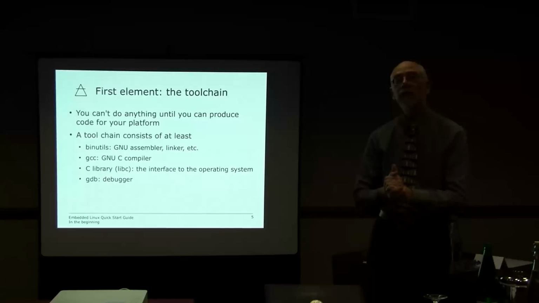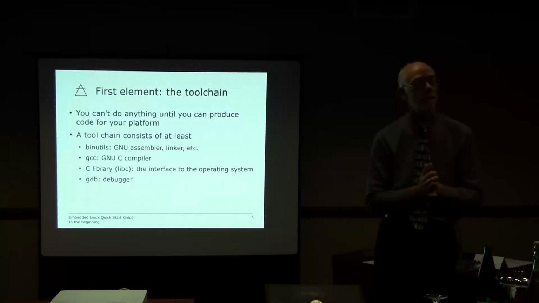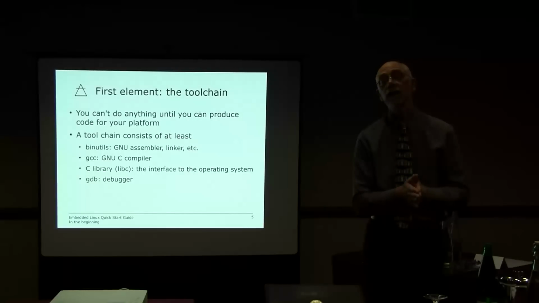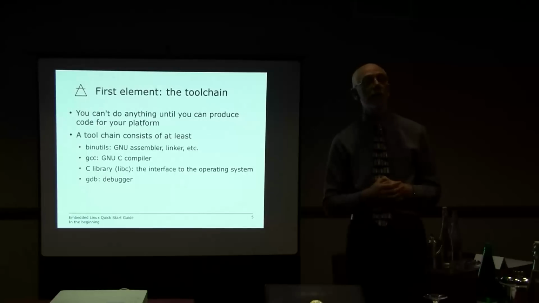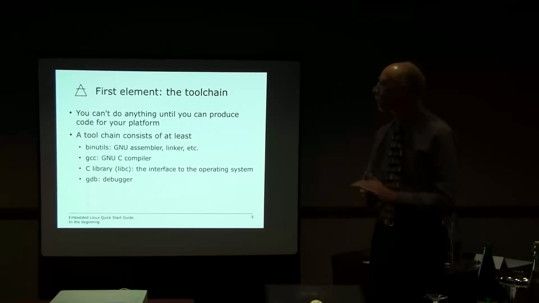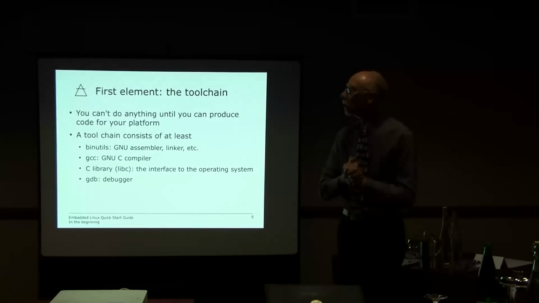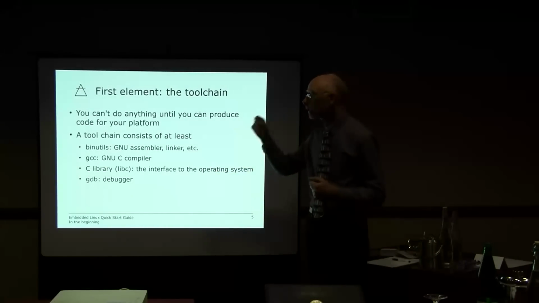Right, starting off then with the toolchain. This is always the first point of any Linux project, or indeed any project of any sort in actual fact. Until you can generate code for your target platform, you obviously can't do very much. Toolchain consists, as far as I'm concerned, of these four things.